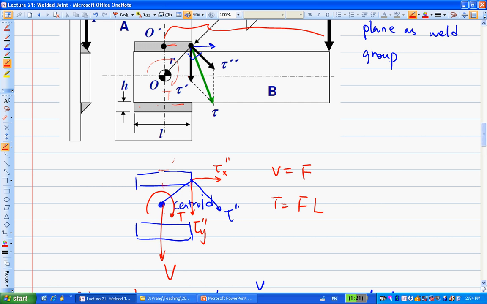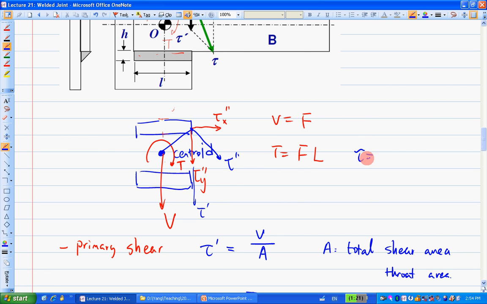So the overall tau will equal the square root of (tau prime plus tau y double prime) squared plus tau x double prime squared. That makes sense?